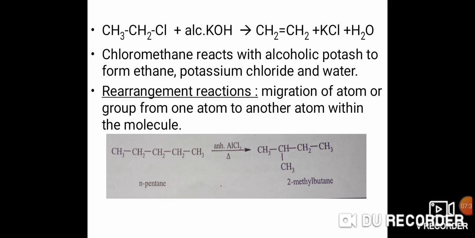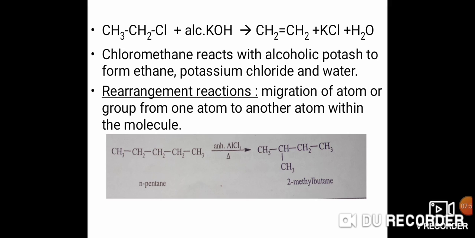In the below example, we see the compound n-pentane. Pentane is a molecule having 5 carbon atoms joined by single covalent bonds.